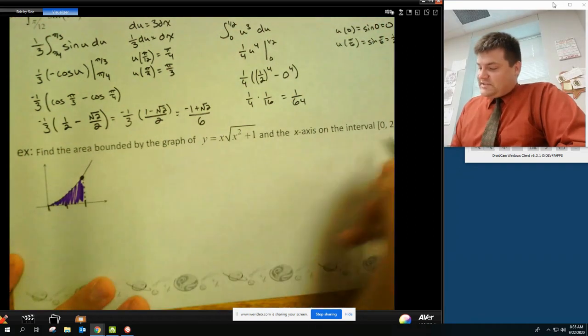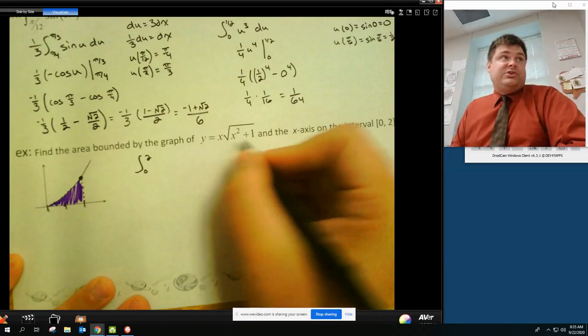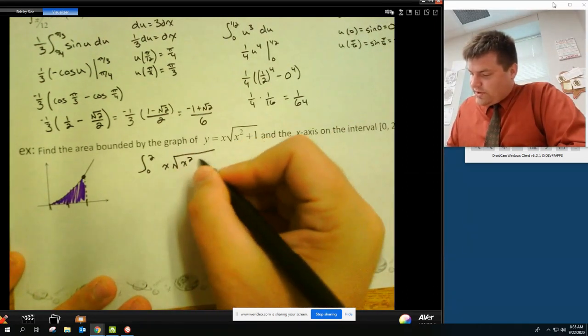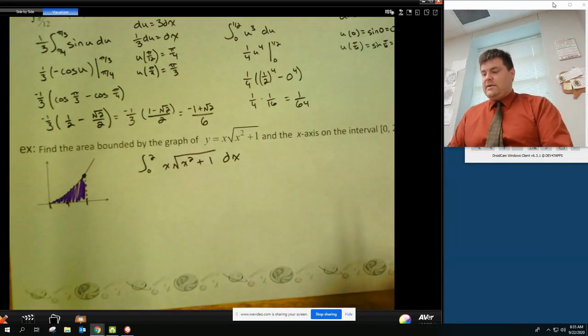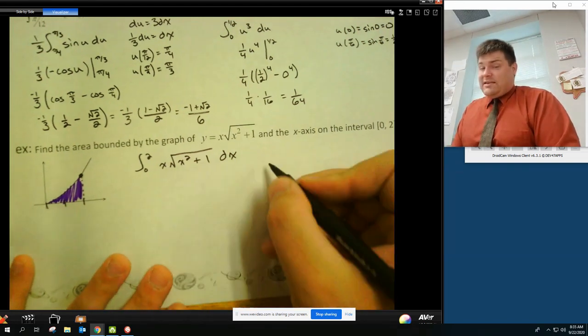Okay, so what this is saying is I need to integrate from 0 to 2, and my integrand is going to be this function right here, x square root of x squared plus 1 dx. Okay, so easy thing to u sub here.